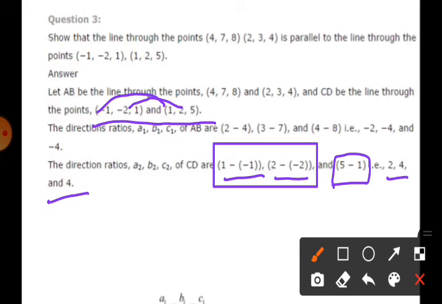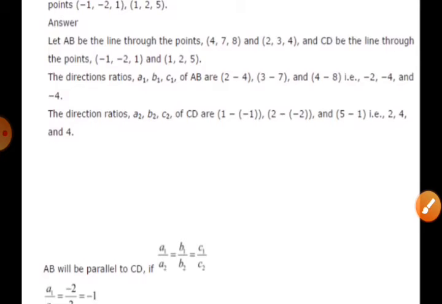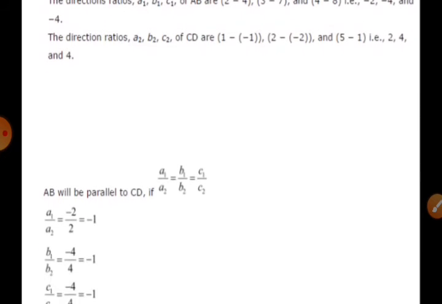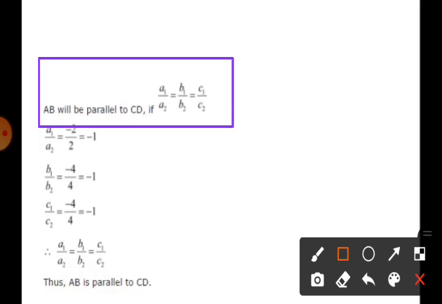The condition if two lines are parallel: AB will be parallel to CD if A1 by A2 equals B1 by B2 equals C1 by C2. We have the A1, B1, C1, A2, B2, C2 values.